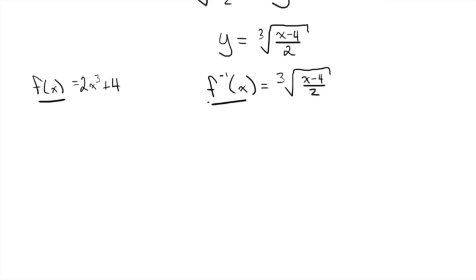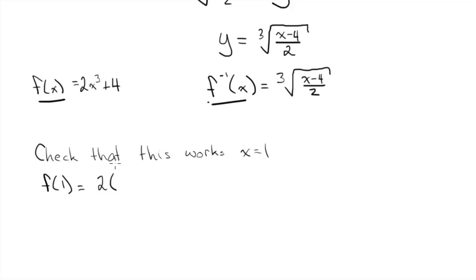If you want to check, you couldn't check for all points, but check that this works for, let's say, a specific point x equals 1. So what we'd have to do there is check, what does f at 1 equal? So f at 1 is equal to 2 times 1 to the power of 3, which is 1, plus 4. 2 plus 4 is equal to 6. So f at 1 is equal to 6.